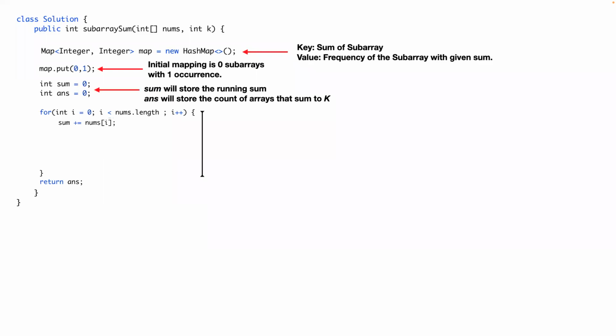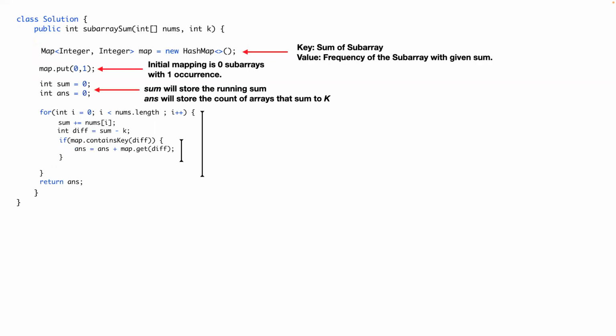And as we said before, our main objective was to store the difference, right? So as we add to the running sum, we're going to store a difference. The difference will be sum minus the target that we want. And if it is the case that this difference has already occurred, that means that there are elements in the past that add up to our difference, right?